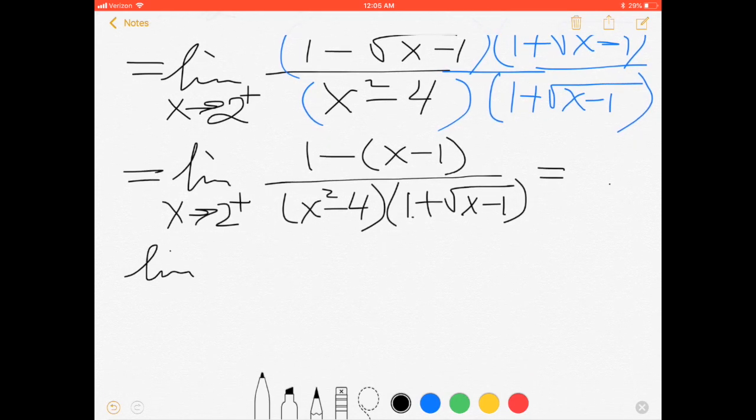The numerator is 2 minus x, or if we take the minus out, you have minus x minus 2.